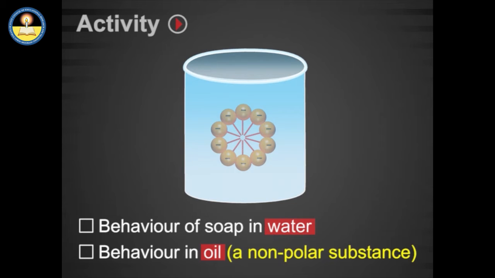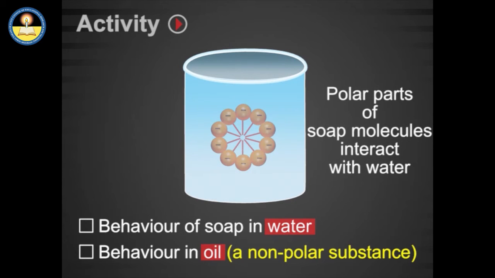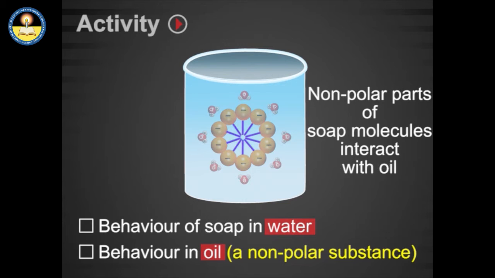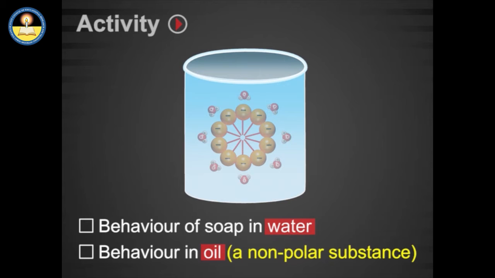I am sure that by now you all know that the polar parts of soap molecules interact with water but avoid contact with oil, while the non-polar parts of soap molecules interact with oil but avoid contact with water. The correct answer is yes, this behavior is shown in water.